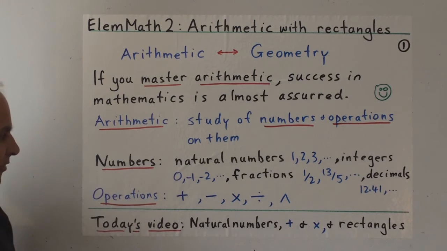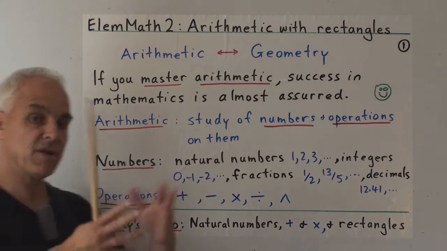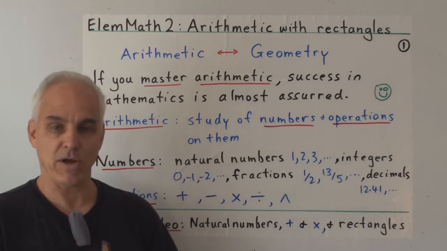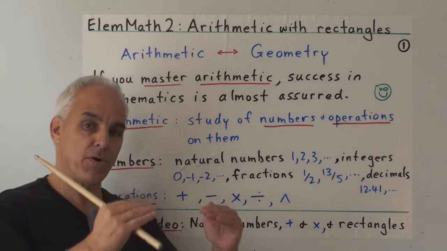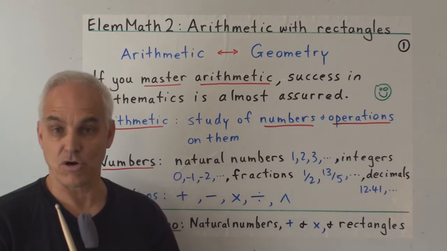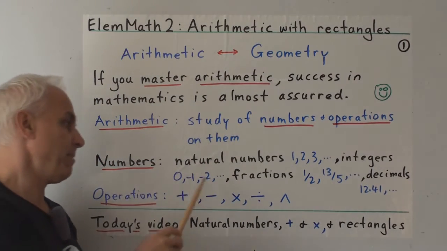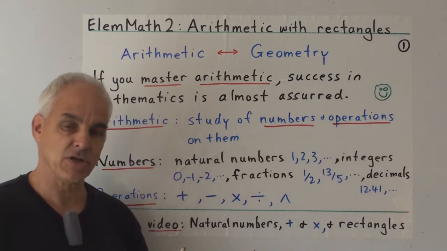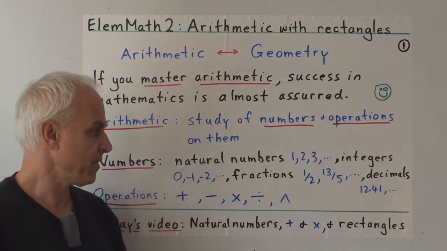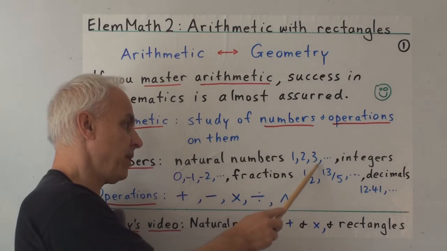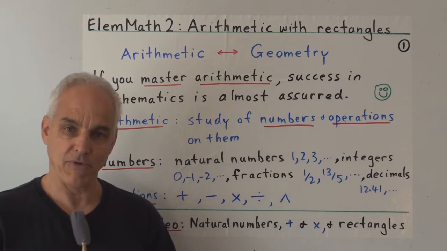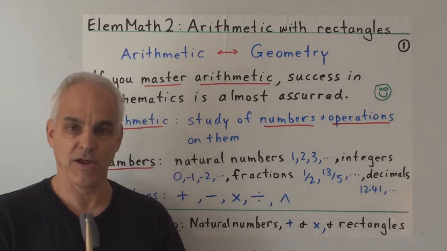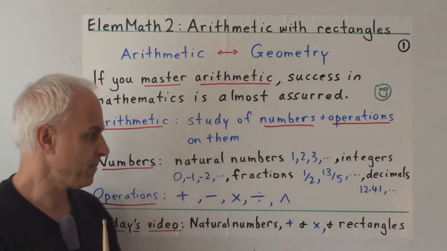What do we mean by numbers? Well, there are different kinds of number systems that we learn to do arithmetic with. And they kind of have an order of difficulty or complexity. The simplest are the natural numbers or the counting numbers: 1, 2, 3, 4, 5, 6, and so on. Those are the first kinds of numbers that we learn to do arithmetic with.